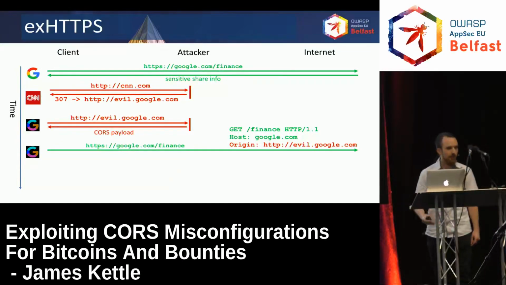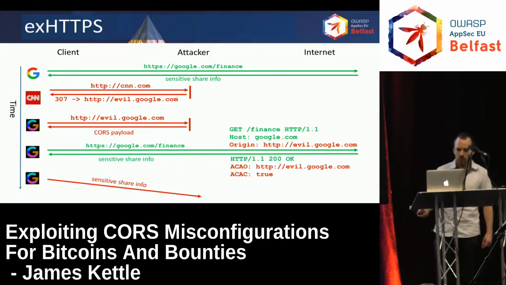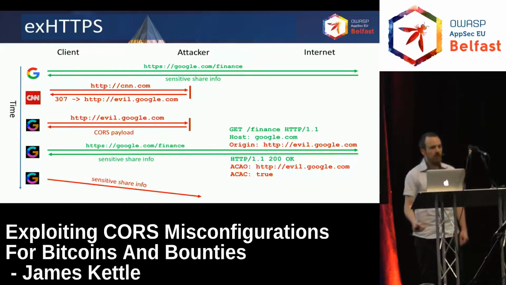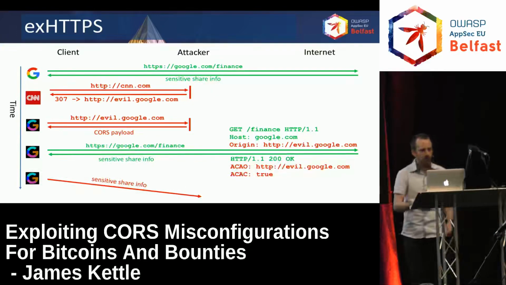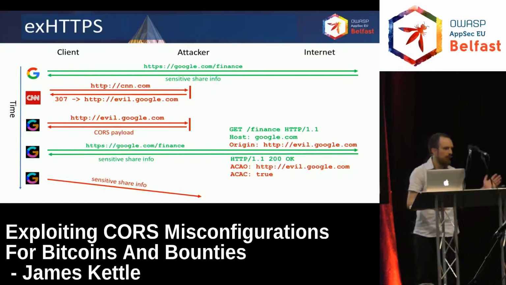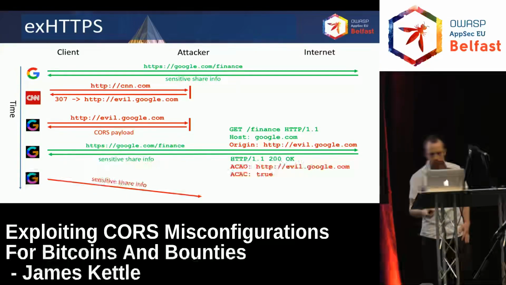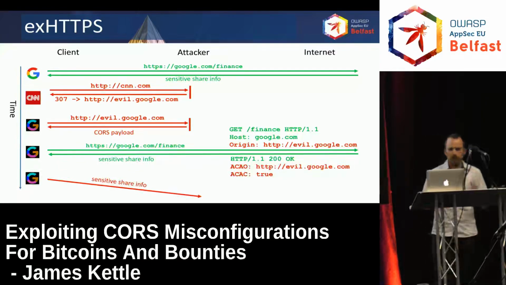But as we've seen, Google trusts that. So they go, great, that's a trustworthy origin, and pass my sensitive financial information back to your malicious JavaScript, which you can then log or send off to wherever you want. So although Google Finance is using HTTPS, they've kind of undone their use of HTTPS through their use of CORS.